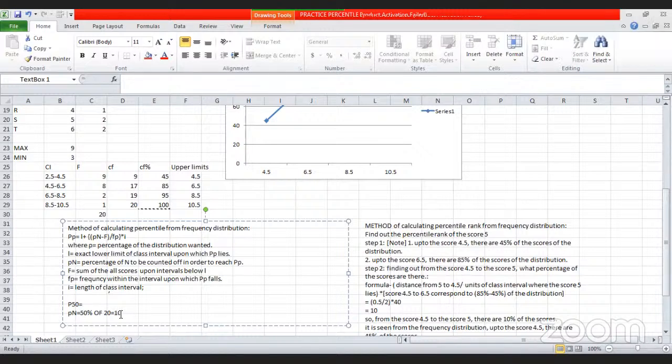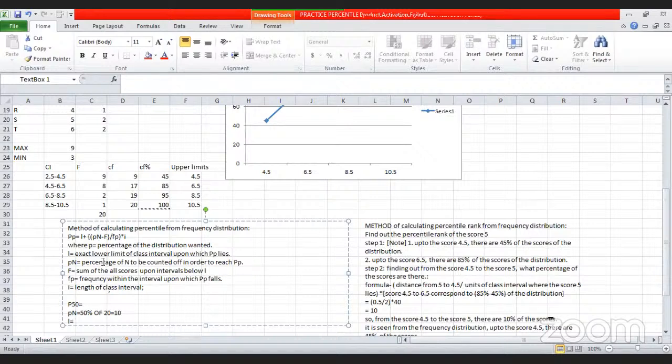Now I have to calculate the L, small l. L is the exact lower limit of the class interval upon which Pp lies. That means, which will be that? 50% of the 20 is equal to 10.